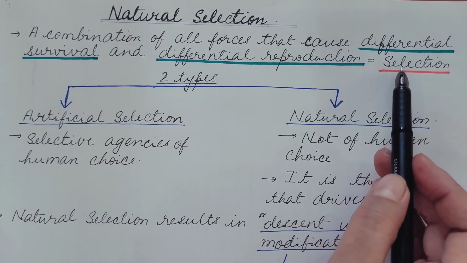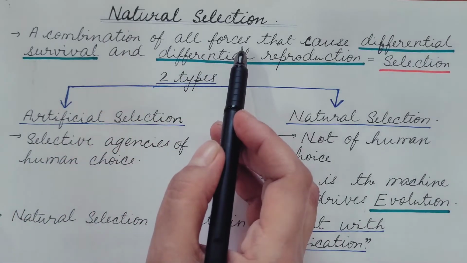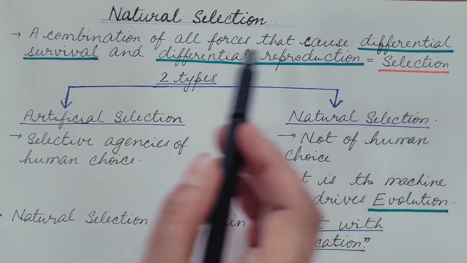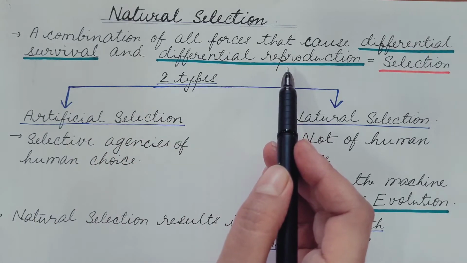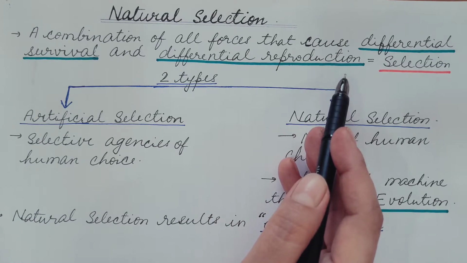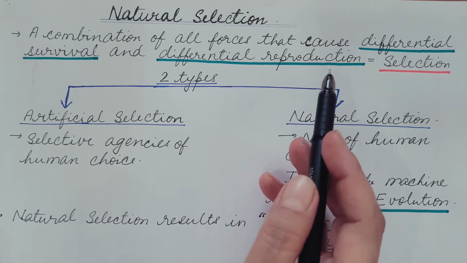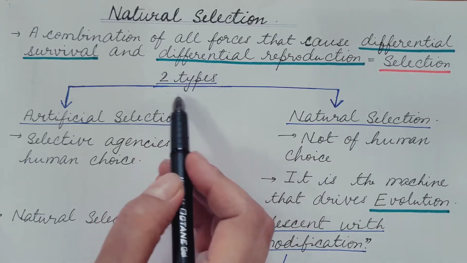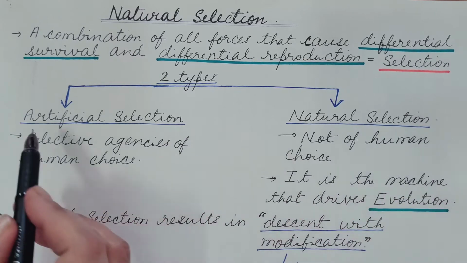So first of all, we will see what is selection. It is a combination of all forces that cause differential survival and differential reproduction among genetic variants or among the individuals that are genetically different. It is of two types, artificial selection and natural selection.